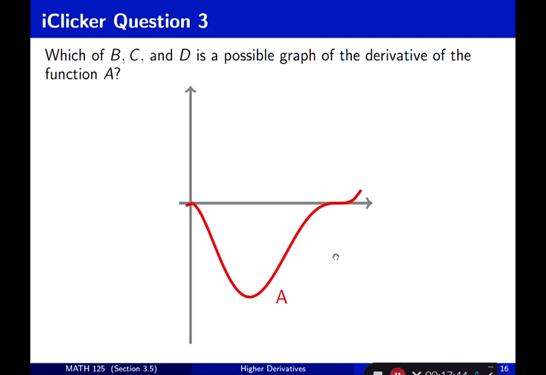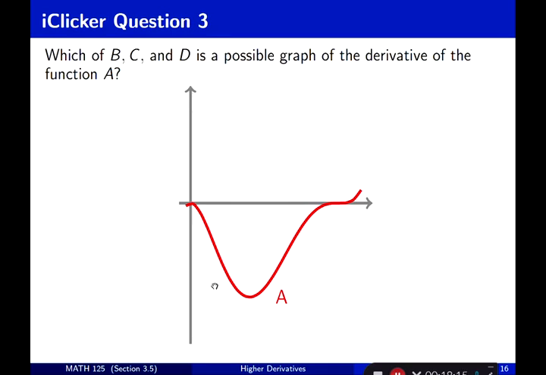I clear question 3. Which of B, C, and D is a possible graph of the derivative of the function A? So this is the function A. Notice function A is decreasing all the way to here, then it's increasing, and then it's just increasing from then on. So the derivative is negative over here, and then it's positive over there.